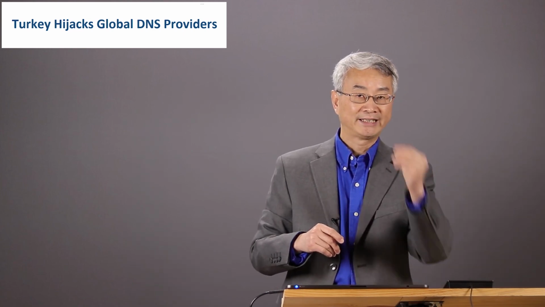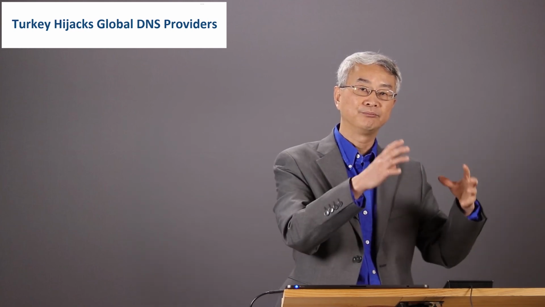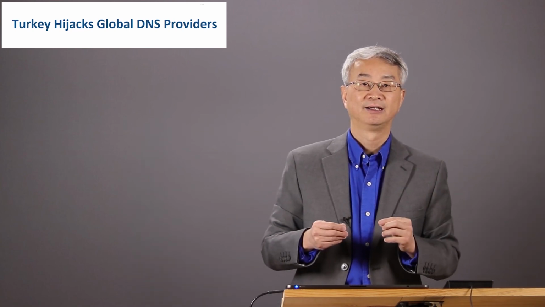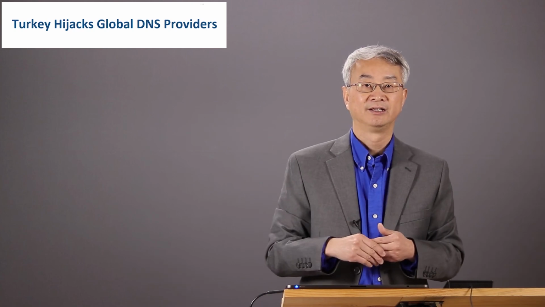What they did is they tried to use the DNS, because when people in Turkey tried to reach Twitter, the first thing they need to do is find Twitter's IP address. Since the government controls the DNS server, they simply changed the DNS entries in the server to map the IP address to something else. Now nobody can access Twitter.